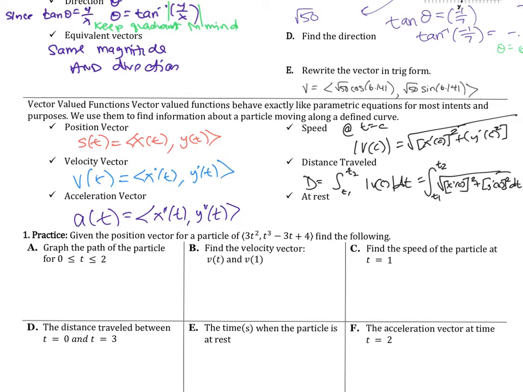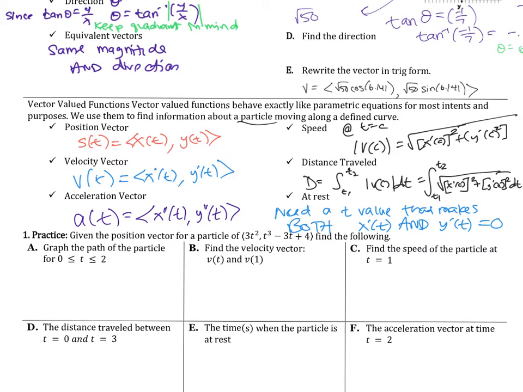And when is a particle moving along one of these vectors at rest? That would be true when the velocity is 0, but something to notice, the velocity is made up of both x and y components. So we need a t value that makes both x prime of t and y prime of t equal to 0.